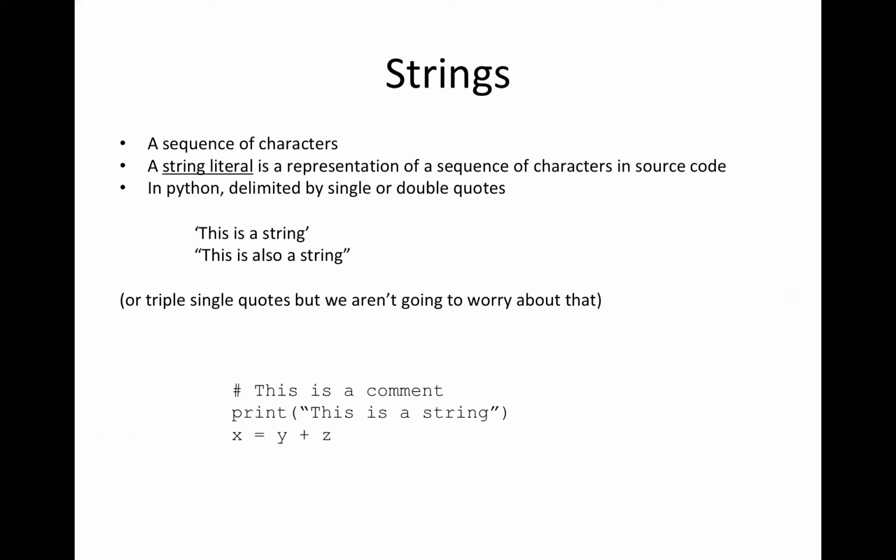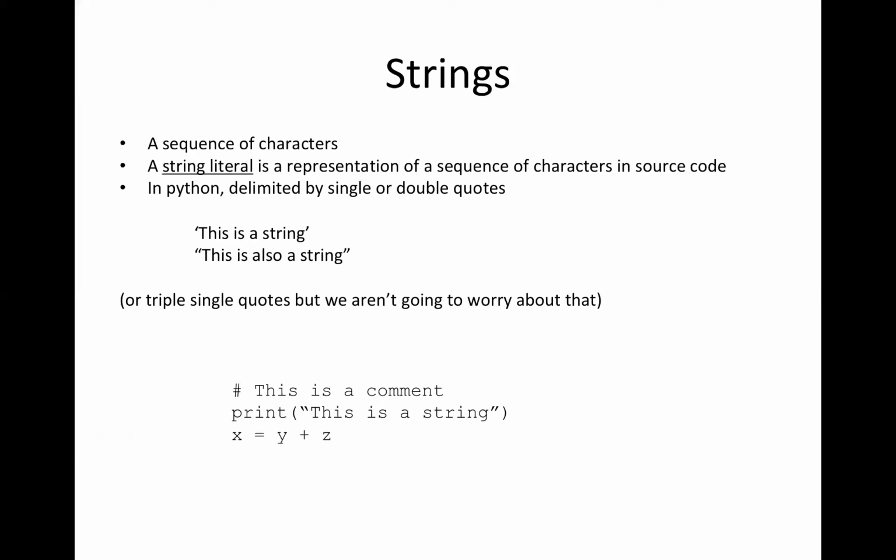And you'll see this term string literal a lot in the Python documentation. So it's a representation of sequences of characters in source code. And this gets a little meta because you're using characters to communicate, like the Python code is itself characters, but you're also thinking about being able to have characters as a data type that you can manipulate.